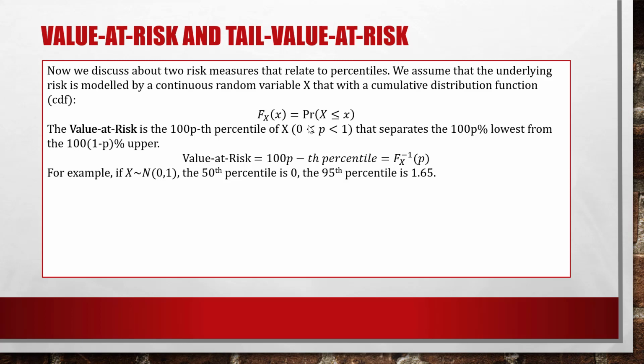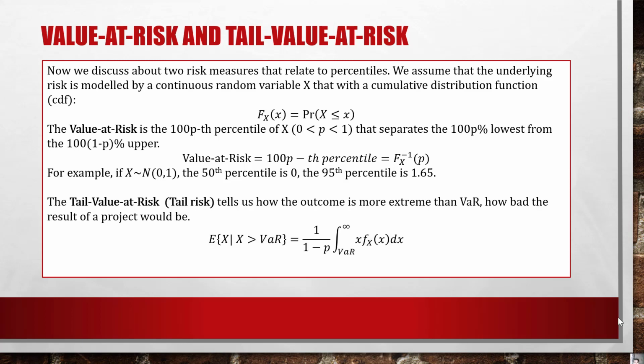So it should be right at the middle, right at the center. So the 50th percentile for the standard normal distribution should be 0. And the 95th percentile is 1.65. We can use the Z table to figure it out. But we all know the 95th percentile of the standard normal distribution is 1.65.